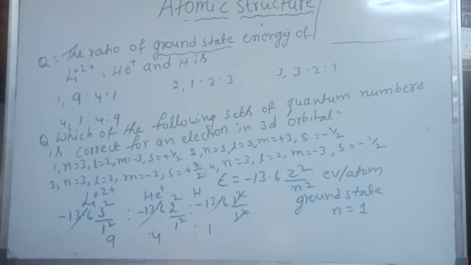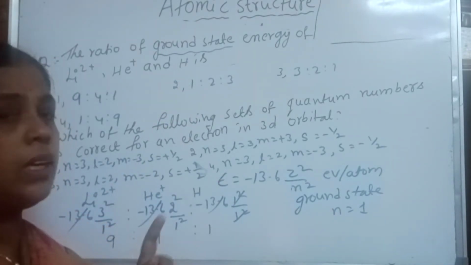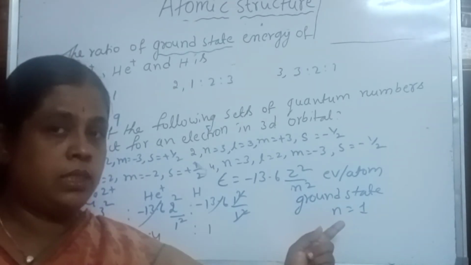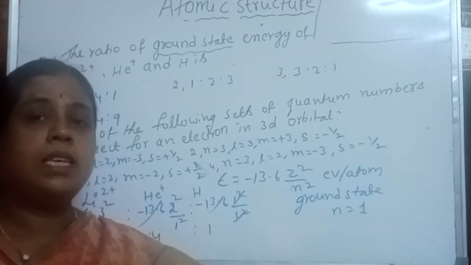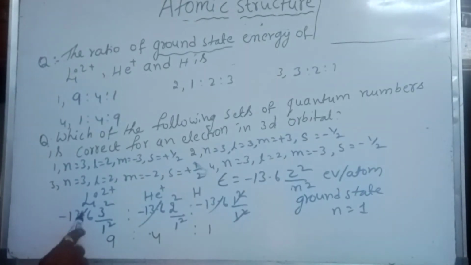So the given atoms are lithium, helium, hydrogen, and the ground state energy is given. For all atoms in the ground state, the n value is 1. The lithium energy formula is minus 13.6, 3 square by 1 square, because 3 is the atomic number of lithium.